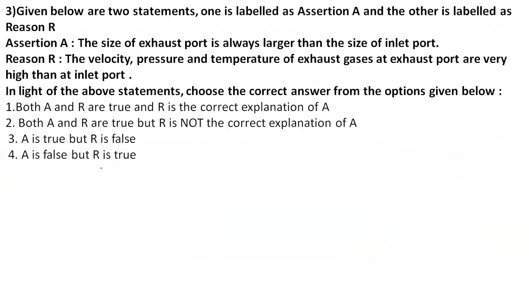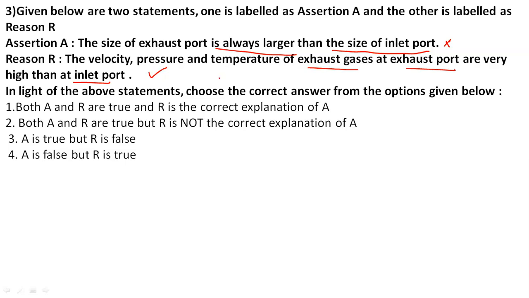Next question. The size of the exhaust port is always larger than the size of the inlet port. No, it is not. The velocity, pressure and temperature at the exhaust port are very high compared to the inlet port. The statement is correct. After the power is produced, the pressure, temperature and velocity are higher in the exhaust gases, which come out of the exhaust port.